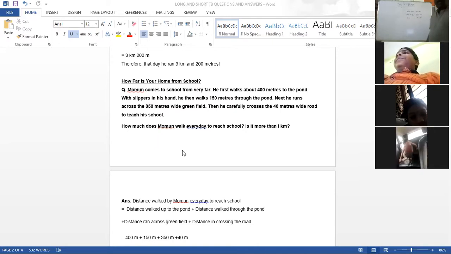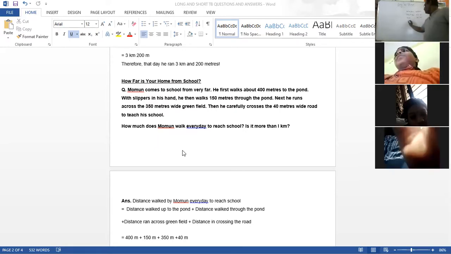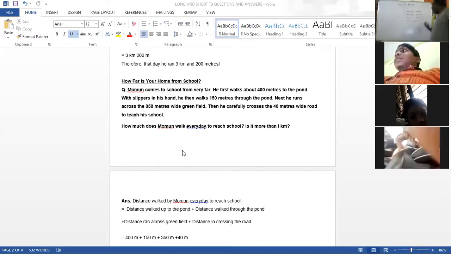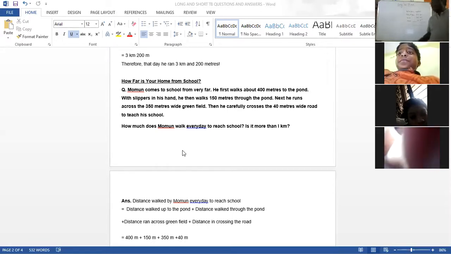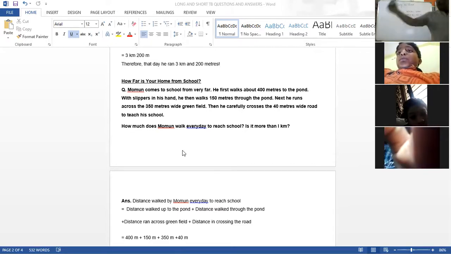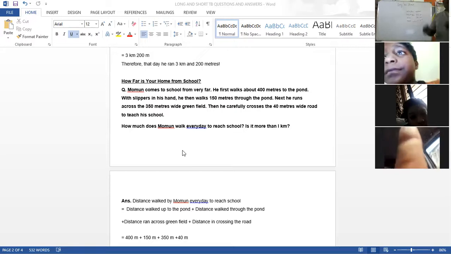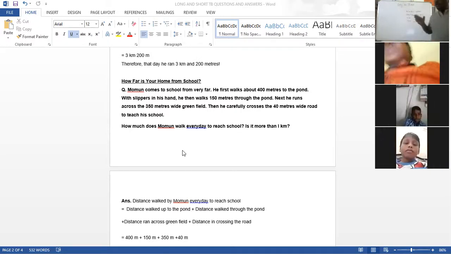Then he crosses the road, which is 40 meters. You have to add all these four values. Distance up to the pond, then through the pond, then through the green field, then through the road. Four different areas. All four distances you have to add.